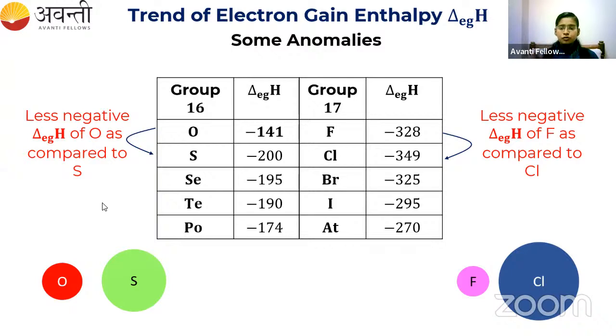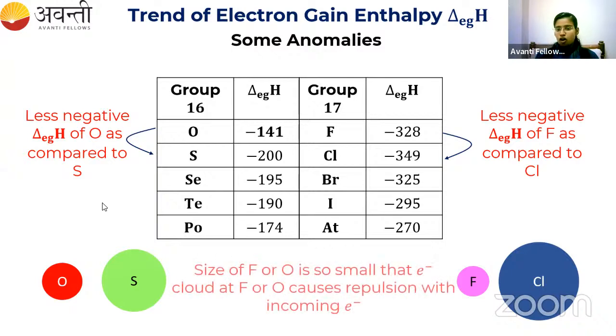The size of the fluorine or the size of the oxygen is so small that the electron cloud at fluorine or oxygen causes repulsion with the incoming electron. What is the meaning? What are they trying to say? So I'll go for the orbital.